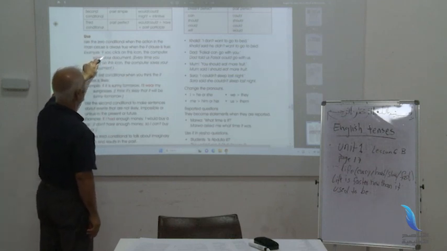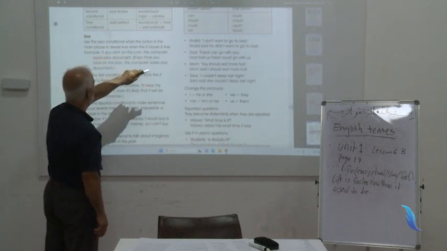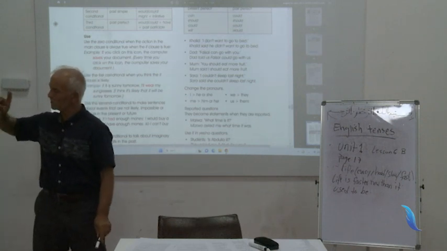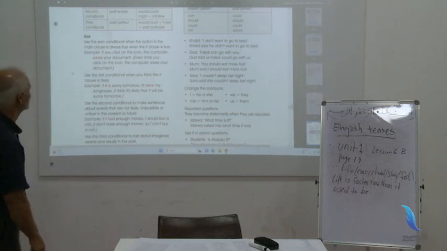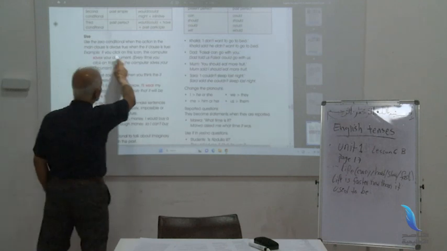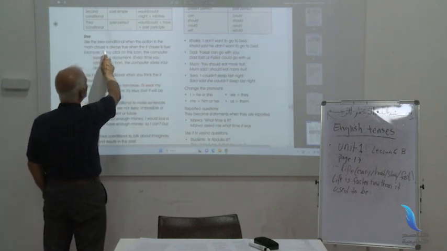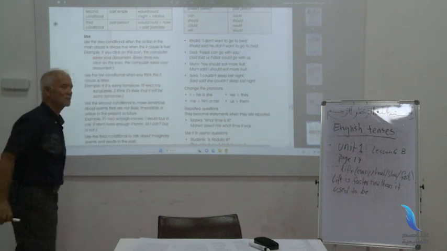For example, if you click on this icon, the computer saves your document. All right, so this is 0. The main clause is always true when the if clause is true.